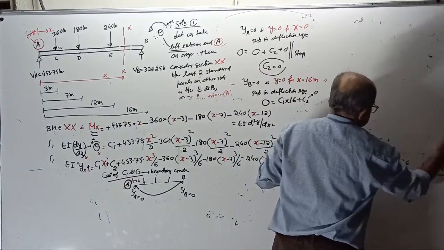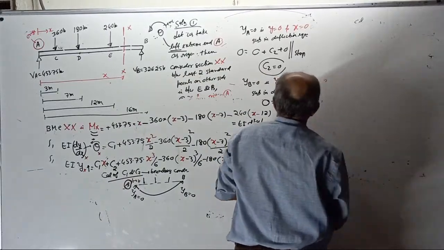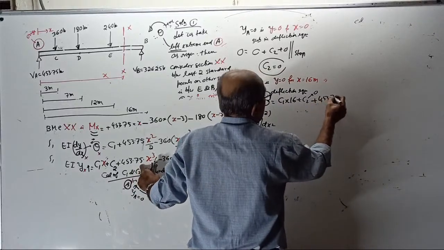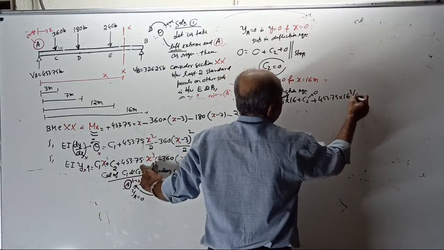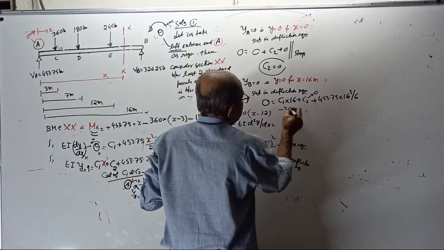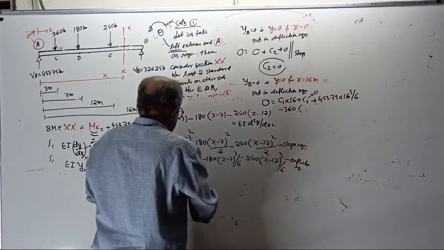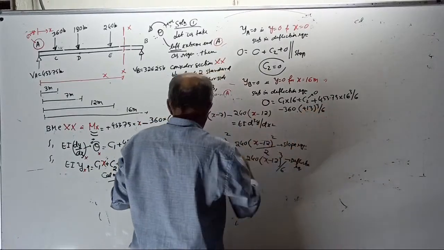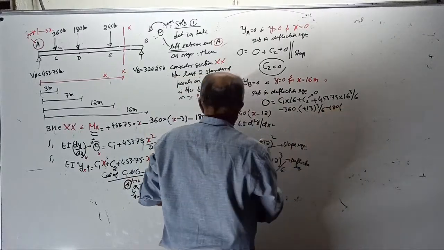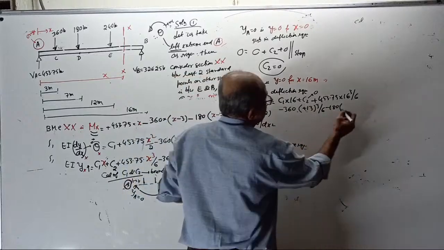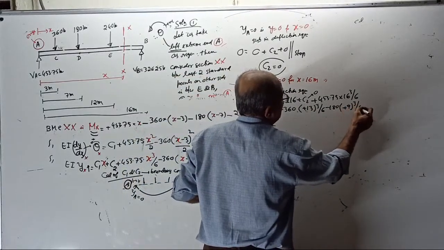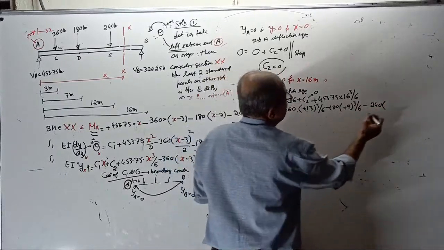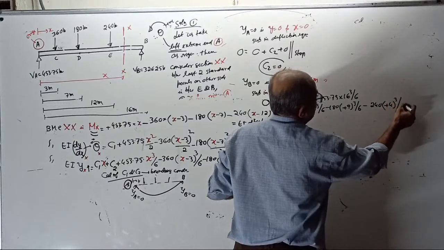Then further, plus 453.75 into 16 cube by 6, minus 360 into (16 minus 3 is 13, positive) 13 cube by 6, therefore considered, minus 180 into (16 minus 7 is 9) 9 cube by 6, minus 240 into (16 minus 12 is 4) 4 cube divided by 6.